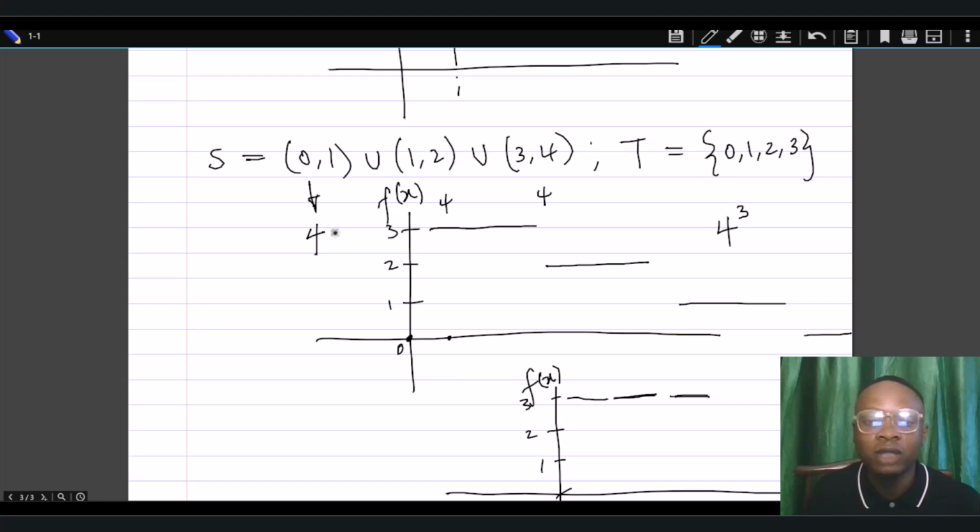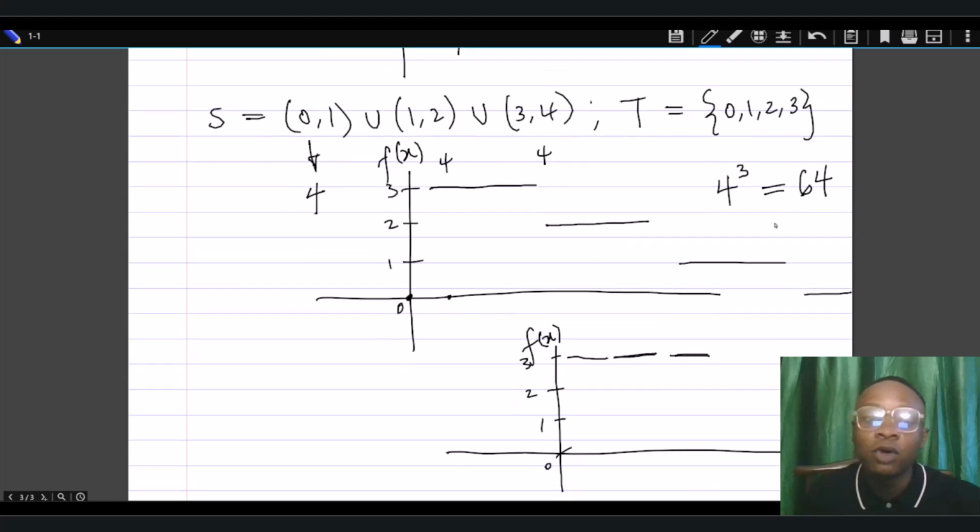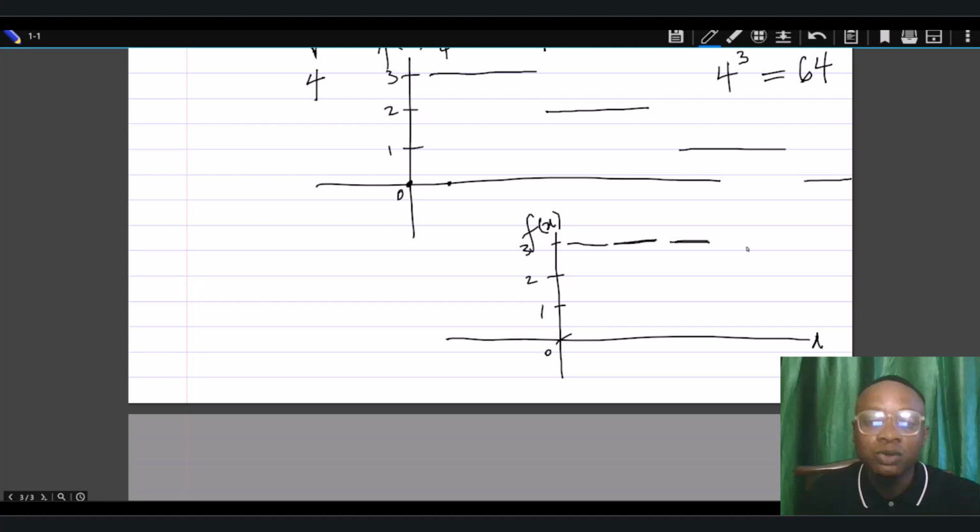Then altogether we have 4 times 4 times 4, which is still 4 to the power of 3 ways of forming continuous functions that go from S to T. So that means we have 64 options altogether. 4 to the power of 3, that's 4 times 4 times 4, that's 64. So we have 64 options of continuous functions that we can form from S to T.